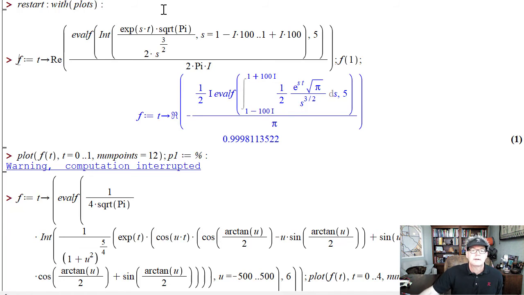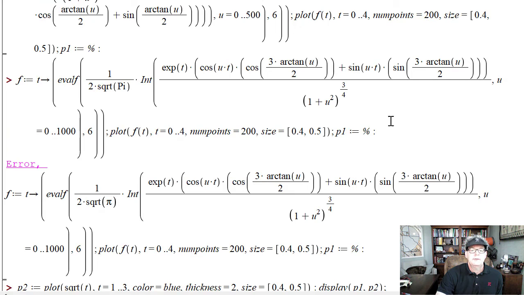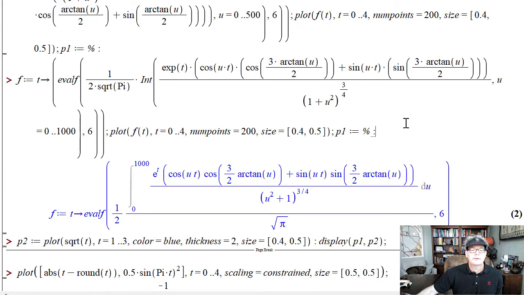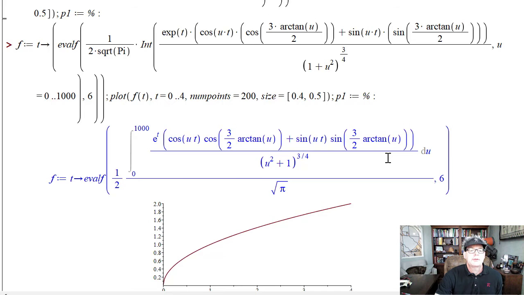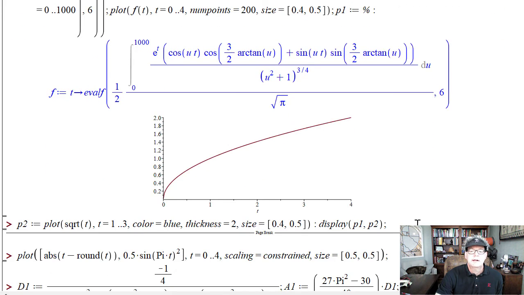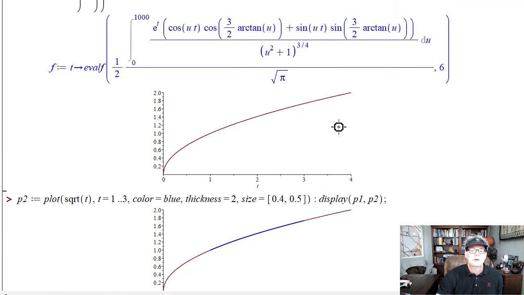All right, so let's redo that. There's the f, and there's the plot. In fact, I'm plotting both, I think. Yeah, no, I'm only plotting f of t. All right, here's the plot of both, the square root and the function. Well, I'm displaying both.